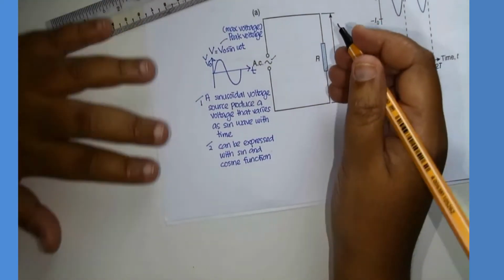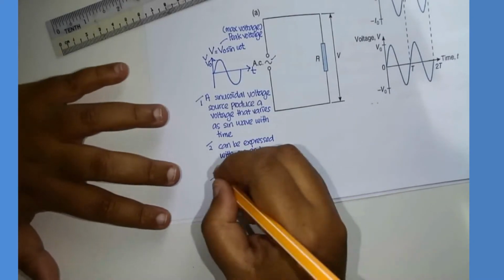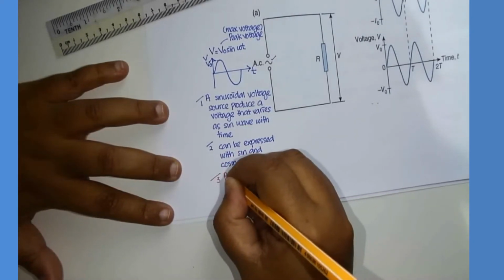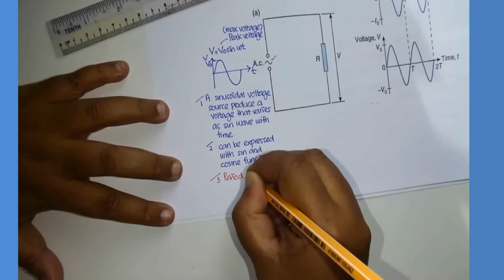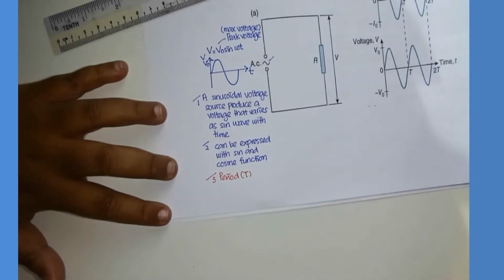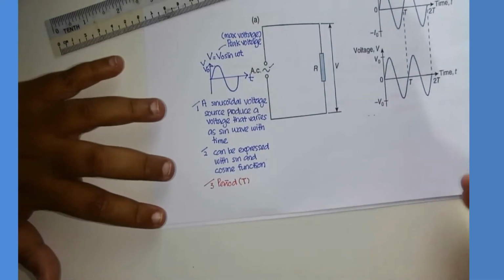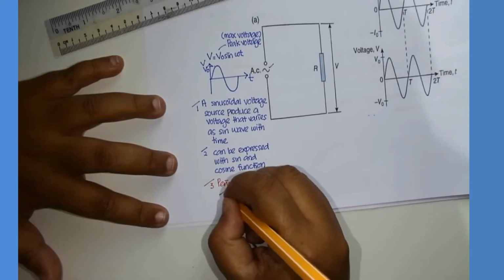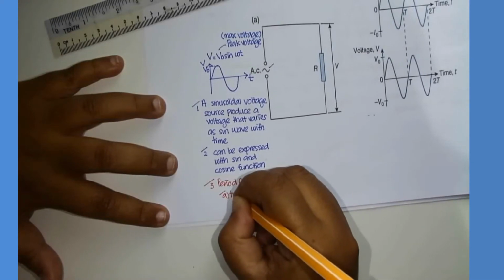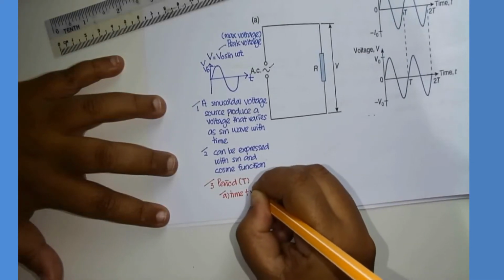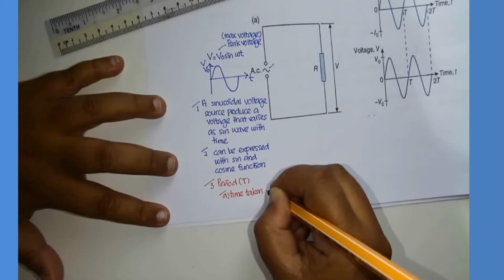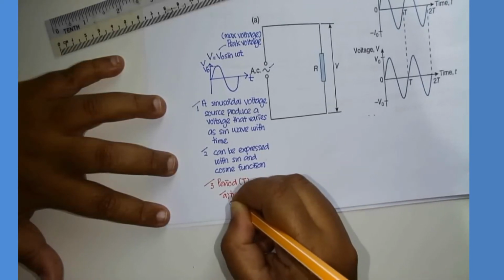We should know two very important quantities. First, number 3, we should know the period. Period is capital T. What is period, class? Period is the time taken for one complete oscillation.